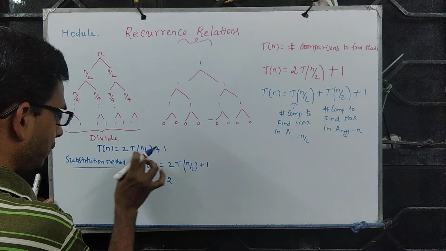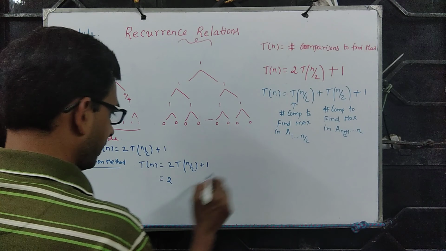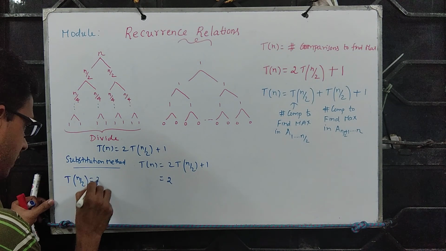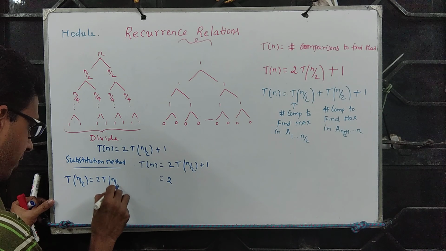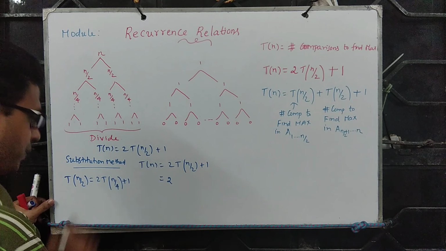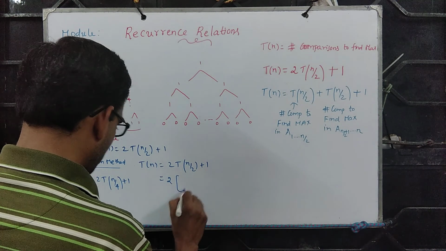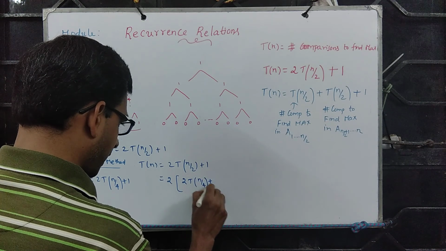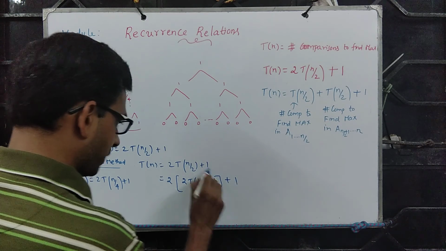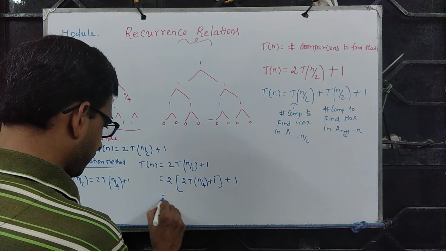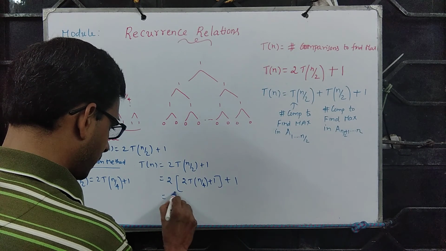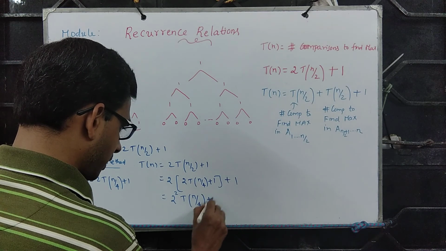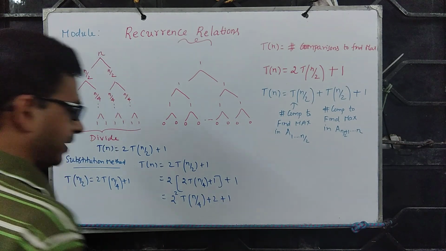You see that 2 times T of n by 4. So T of n by 2 is 2 times T of n by 4 plus 1, which means 2 times T of n by 4 plus 1 plus 1. Plus 1 is this plus 1. So now simplify, you get 2 square T of n by 4 plus 2 plus 1.